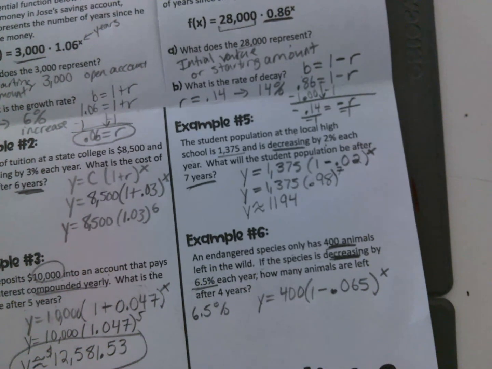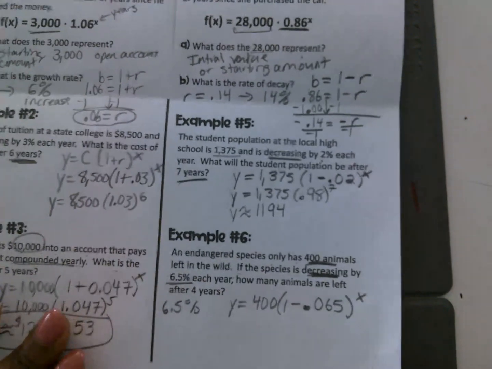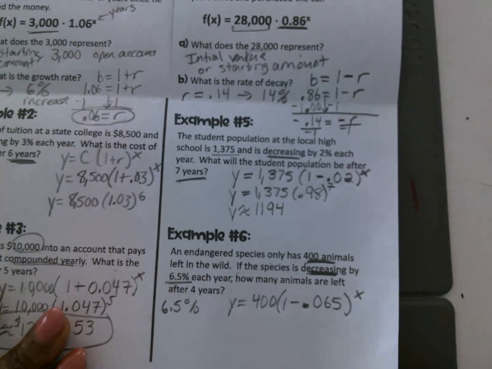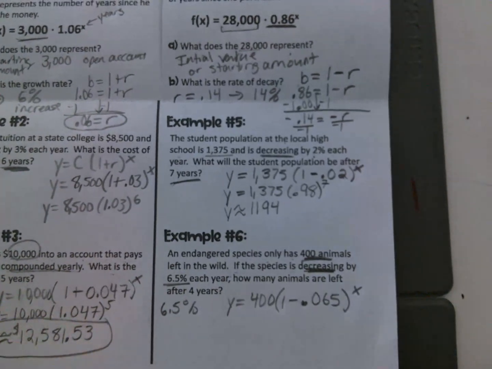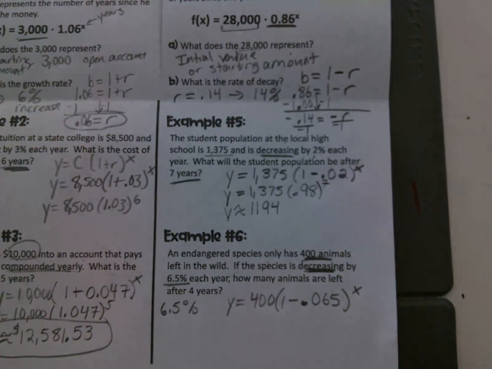Okay, so now how do we solve this? Jacob? How do we solve this? How do we figure out what it's going to be after 4 years? Somebody want to help him? Silas, can you please?